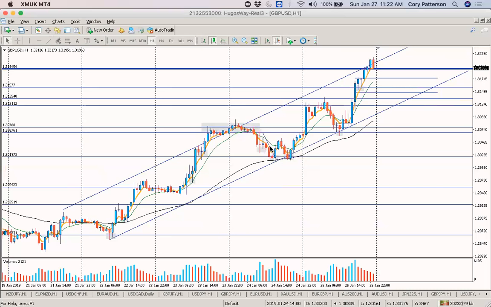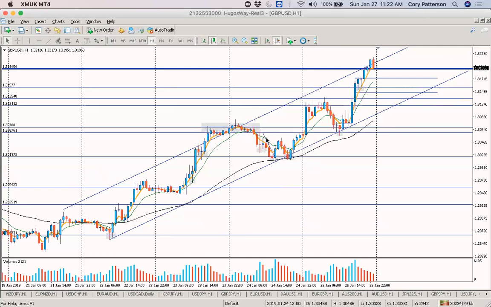At the floor, you see rejection. The sellers that pushed the market down can't push it any further because buyers came back into the market and pushed it back up. And it kept going up.